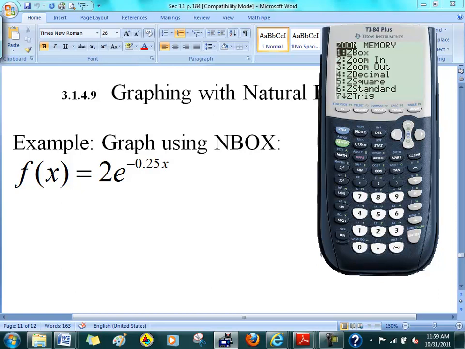Okay, so if you graph this correctly, you should get something that looks like that. Is everybody all right on graphing this using an n box?